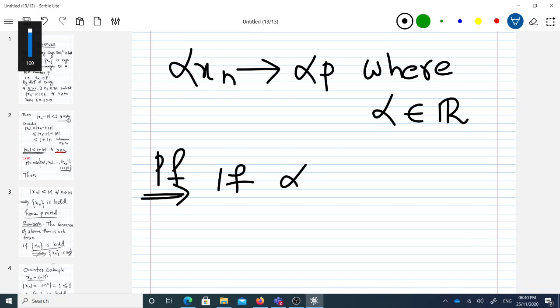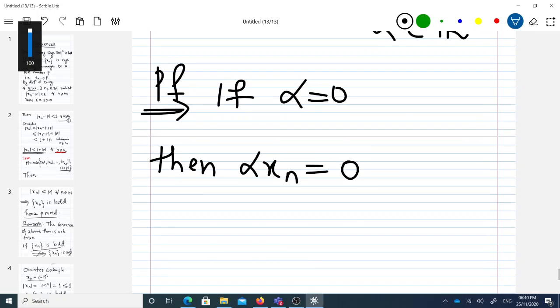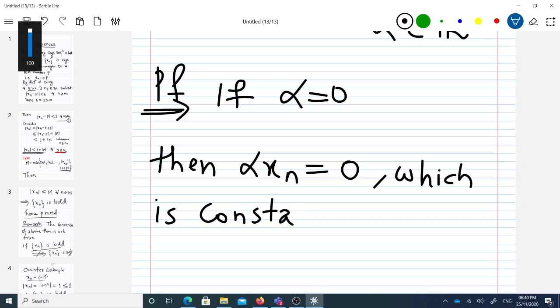If alpha is equal to 0, then alpha xn will be 0, which is a constant sequence and converges to 0.